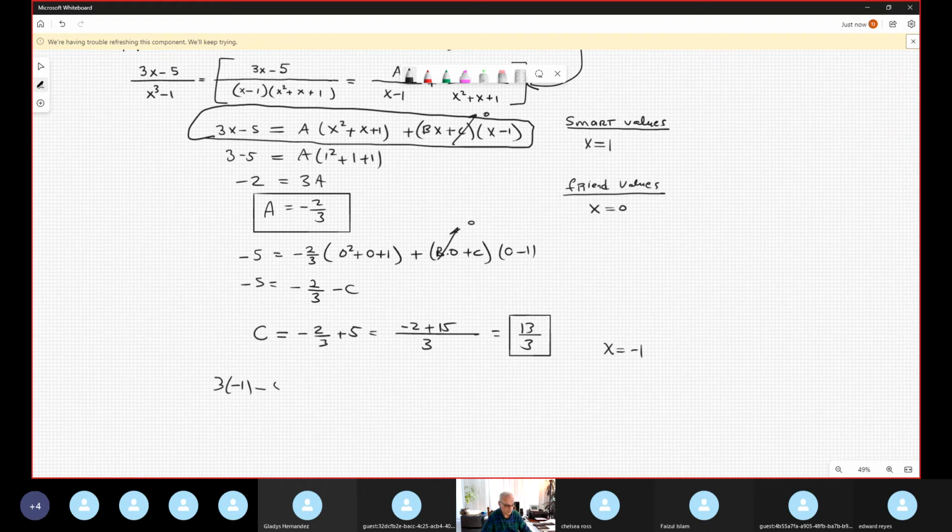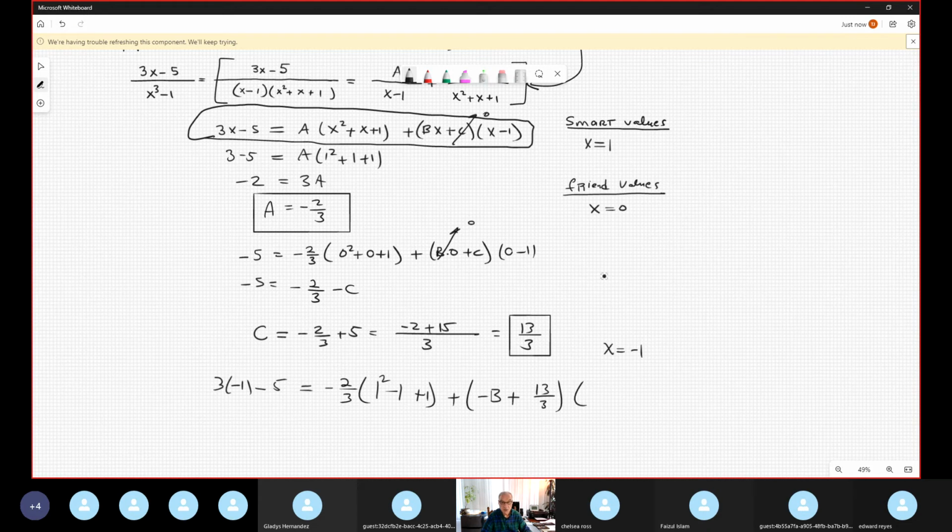Minus 5 is equal to minus 2 over 3 parentheses 1 minus 1 plus 1, because x is square, no? Plus parenthesis minus b, because x is minus 1, plus c, but c I know very well is 13 over 3.